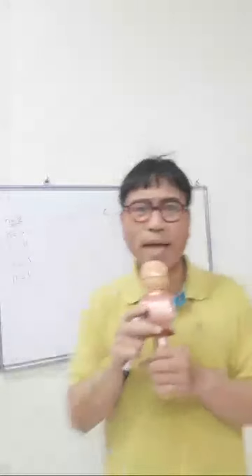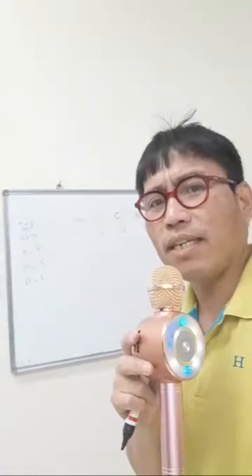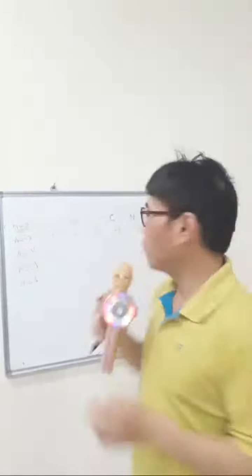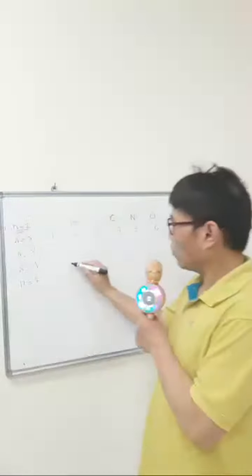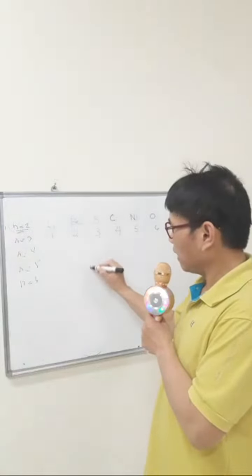Now, each element of this increasing valence electrons will also have the bonds during chemical reaction and chemical bonding. Okay? So, now if you follow the octet rule, mga palangga, octet meaning 8, right?